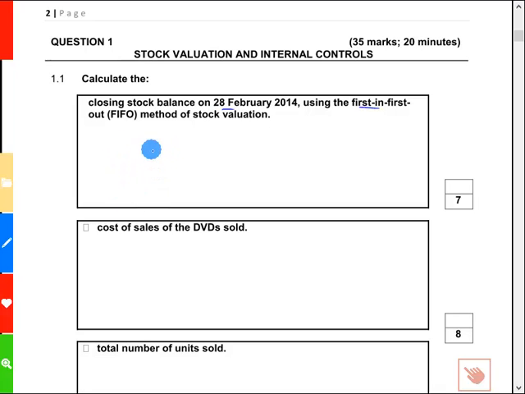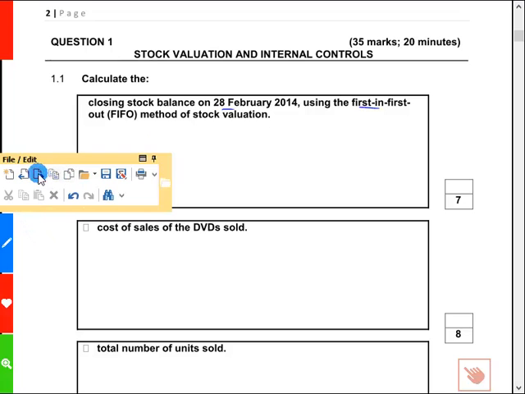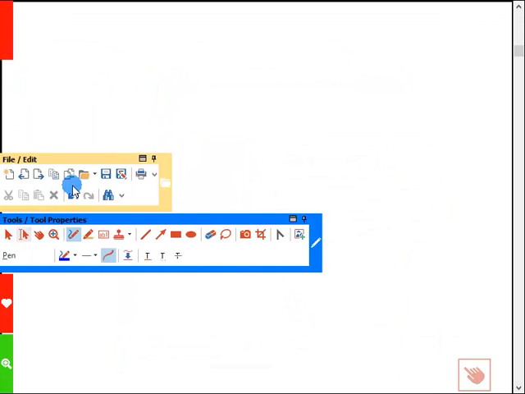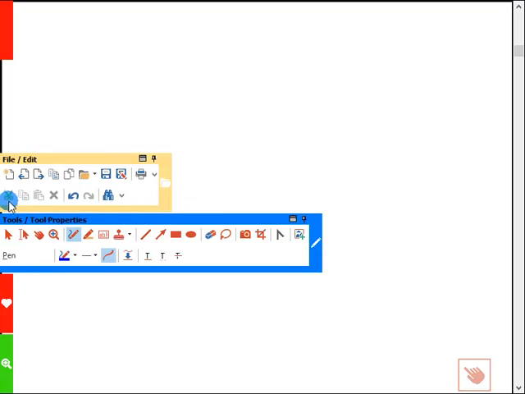Alright, so always feel free to do that. What I'm going to do is I'm just going to insert a sheet here, and I would actually recommend that you ask for additional paper right from the start. Yes, just ask for additional paper. Okay, let's go back.